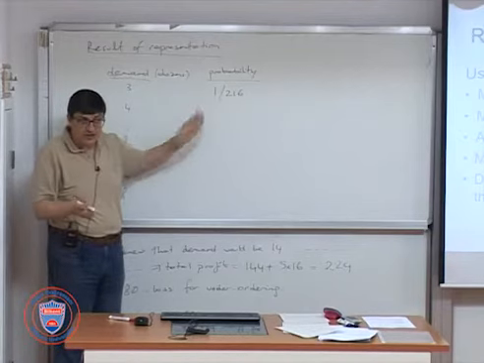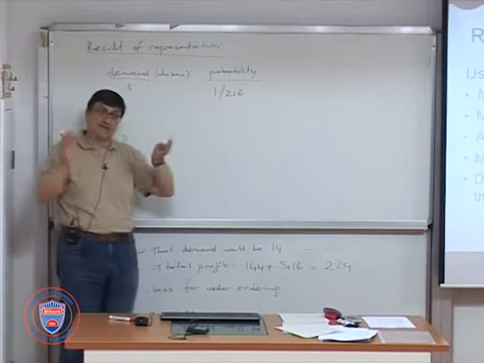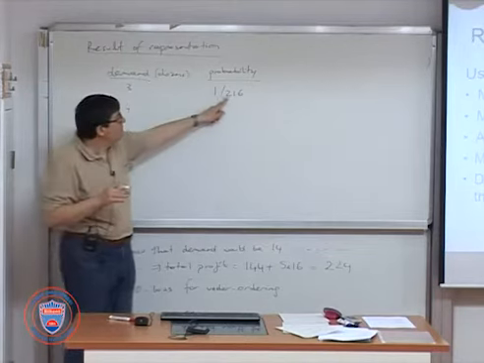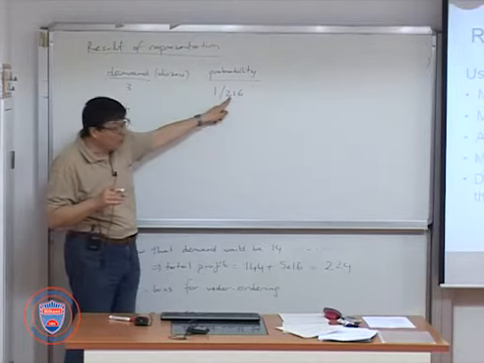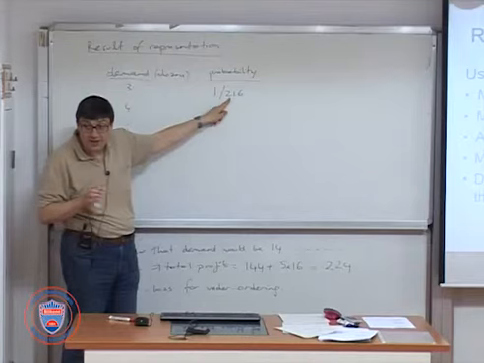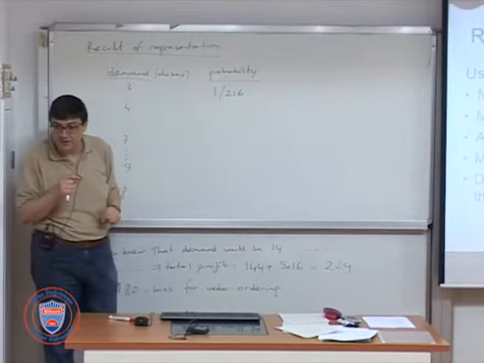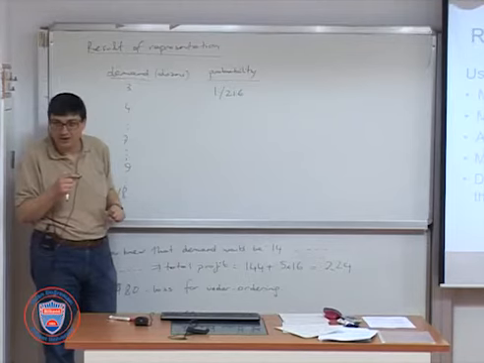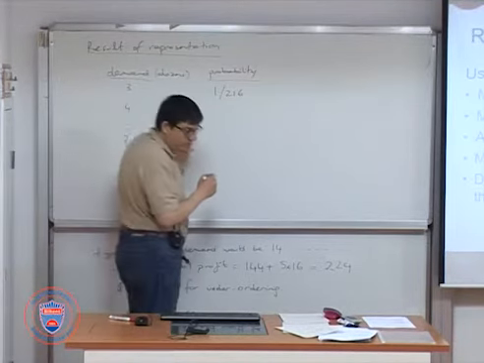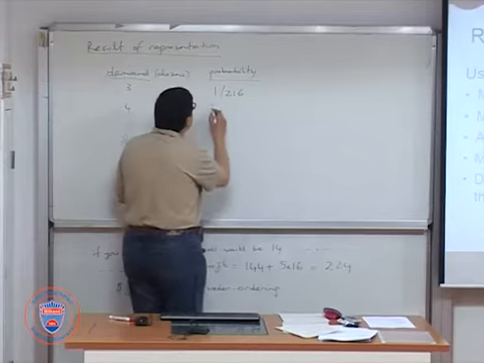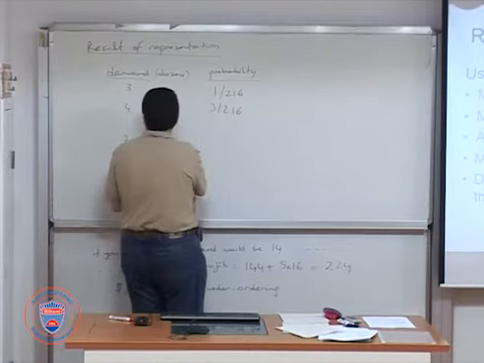On the average, if I look at this system long enough, I am going to see that out of 216 weeks, only in 1 week I'm going to have a demand of 3 units. 3 dozens, actually. Okay? So 4 is going to be 3 divided by 216.